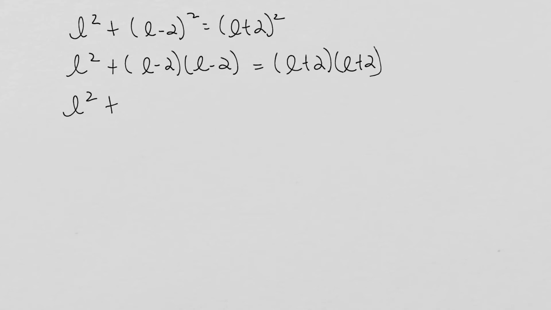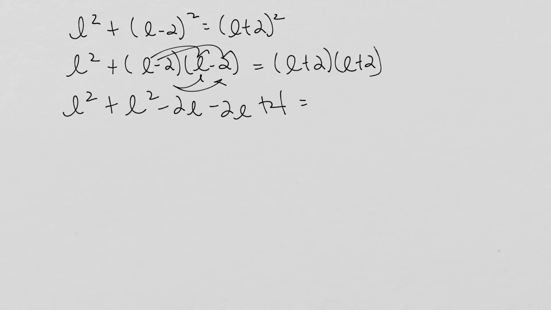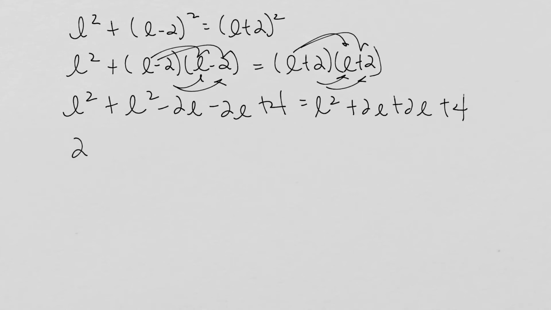That's L squared plus L squared minus 2L minus 2L plus 4 equals L squared plus 2L plus 2L plus 4. Collecting like terms on the left, I have 2L squared minus 4L plus 4.